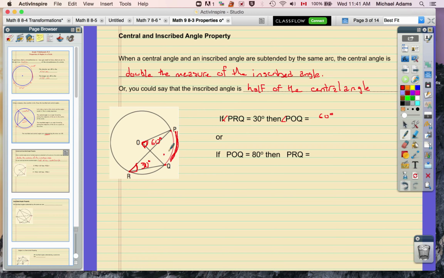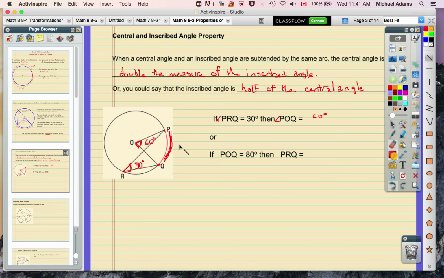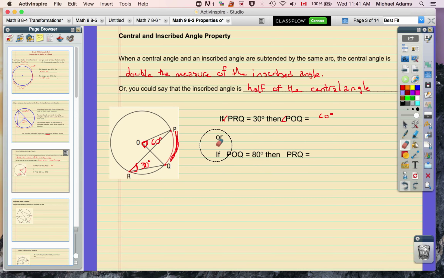So let's take a look at it another way. If we said the inscribed angle is half of the central angle. Let me just erase this, so we can understand the relationship here. Here, once again, here's my central angle. Here's my inscribed angle.